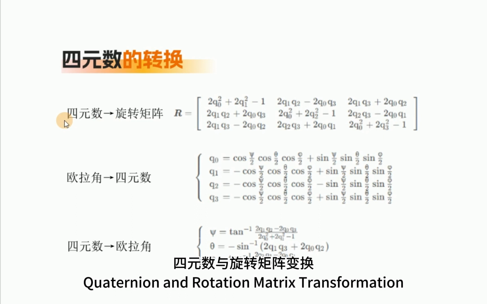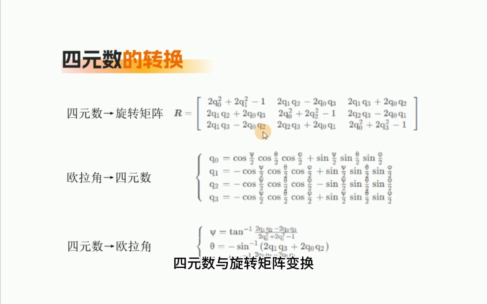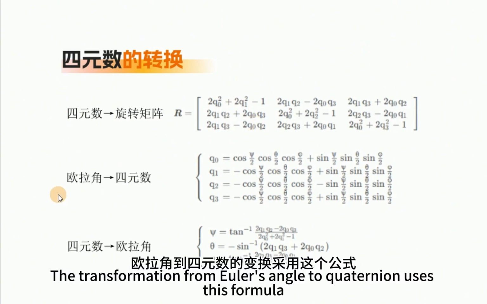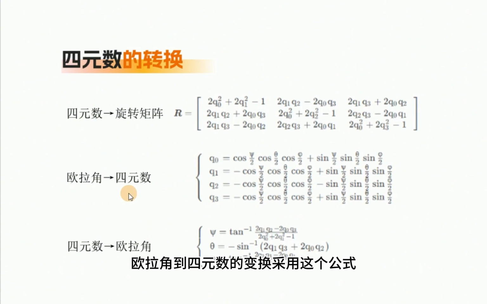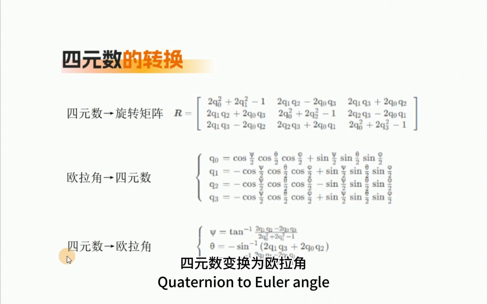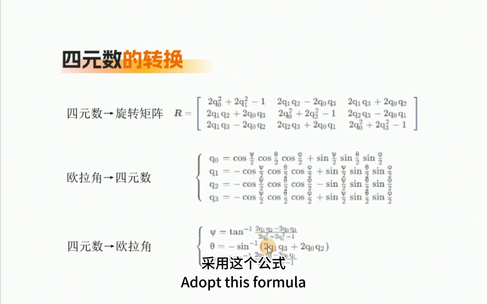Quaternion to rotation matrix transformation adopts this formula. The transformation from Euler angle to quaternion uses this formula. Quaternion to Euler angle adopts this formula.